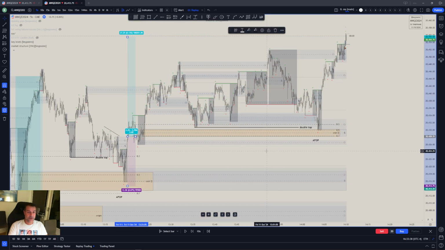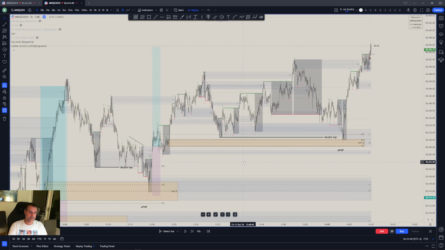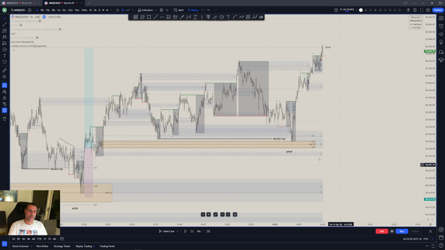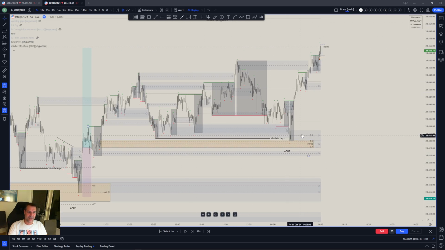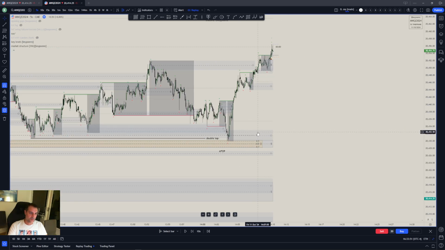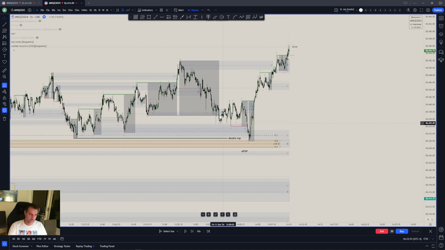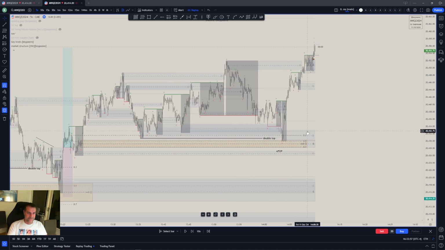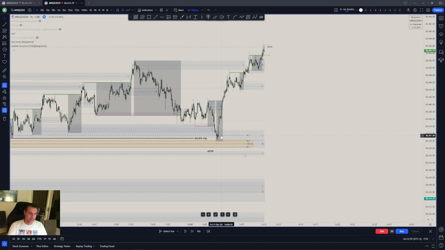The re-entry, the one that actually was annotated here, and now I see it. This is the crazy trade. You could have entered on this flip, or maybe wait for a little bit more confirmation. Yeah, I don't know.